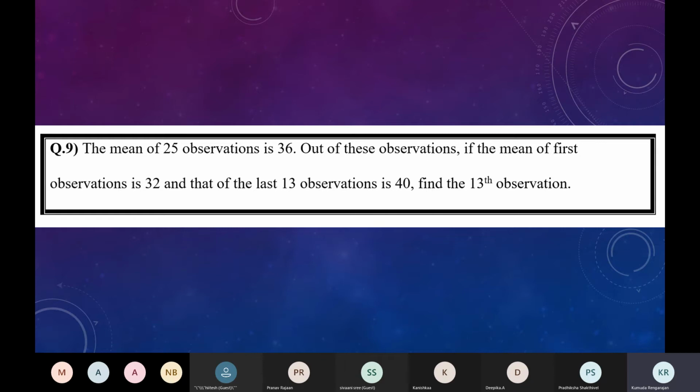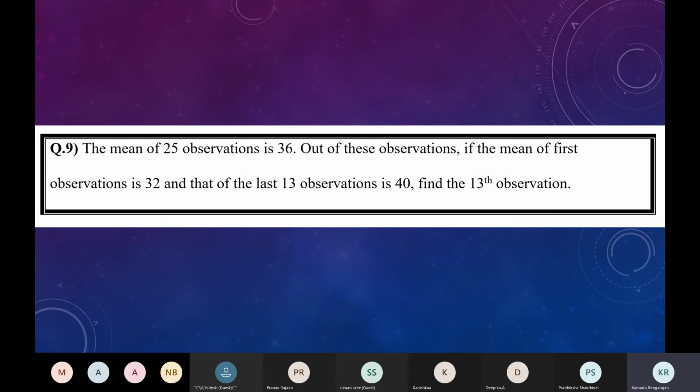Since there are 25 observations, 25 plus 1, 26 by 2, the 13th observation is the middlemost observation. The question is to find the value of the 13th observation.